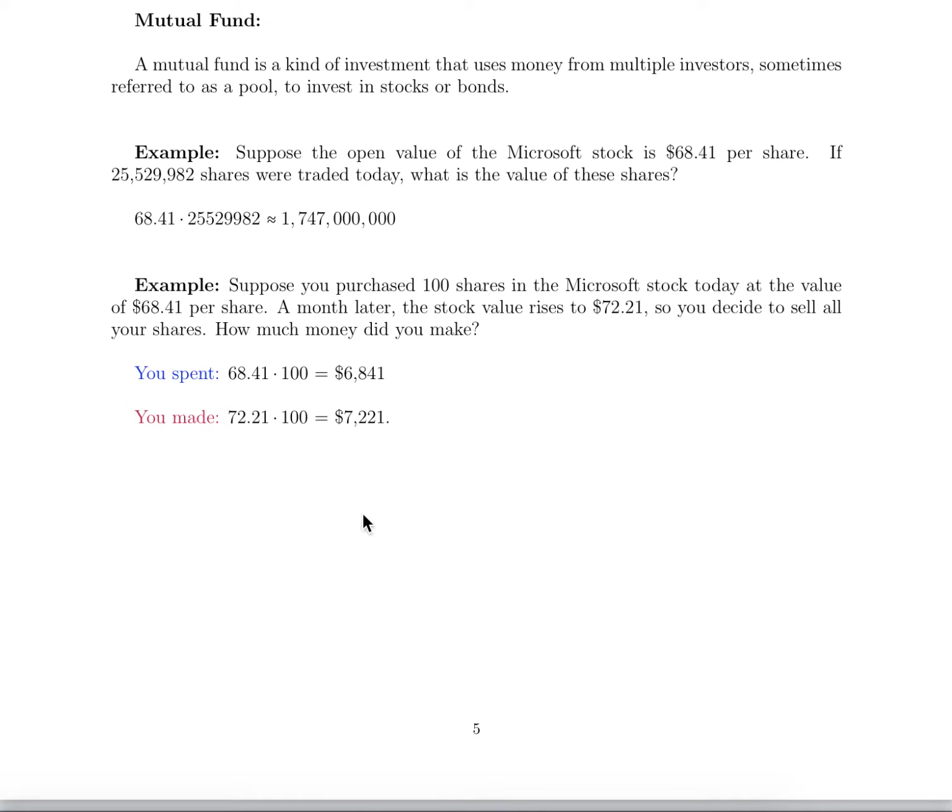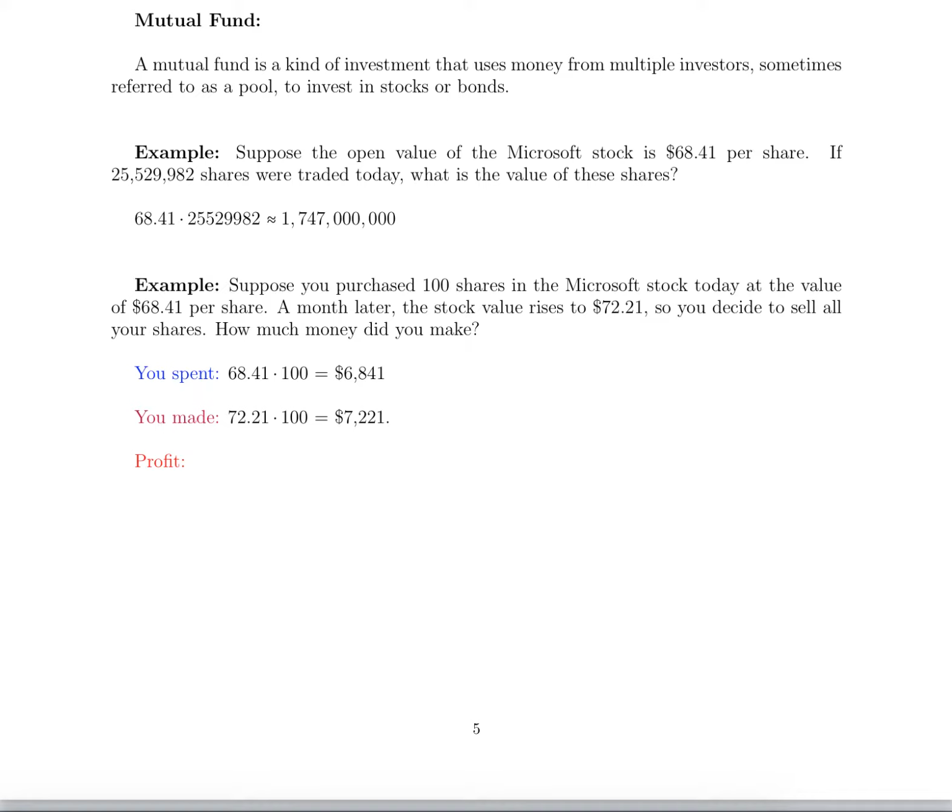But we want the net gain, the profit. So if I spent $6,000 and I made $7,000, I didn't just make $7,000 out of thin air, right? So we need to then calculate our profit. How we calculate profit, maybe some of you can guess.